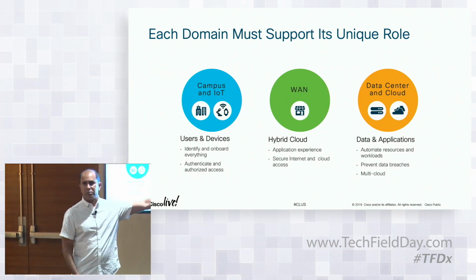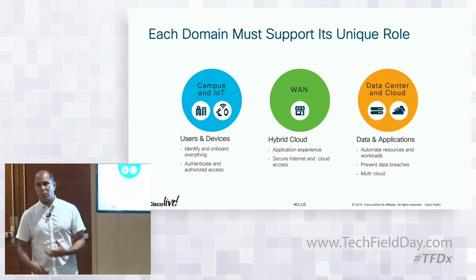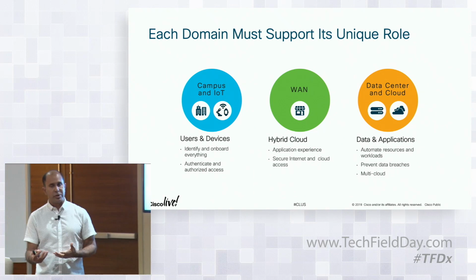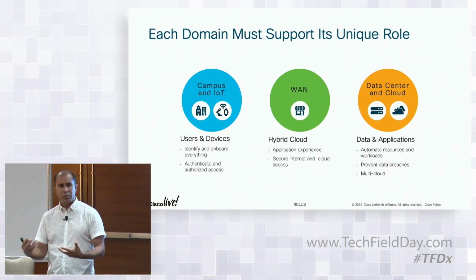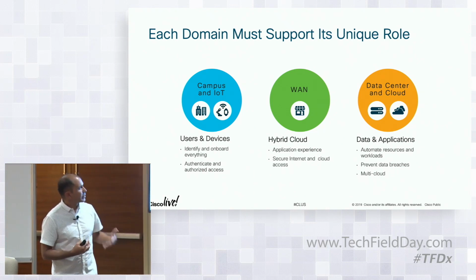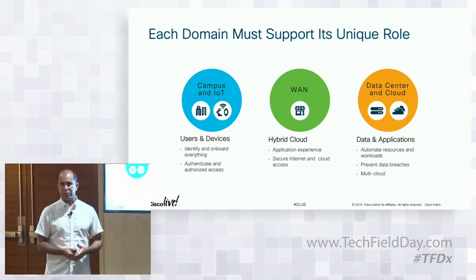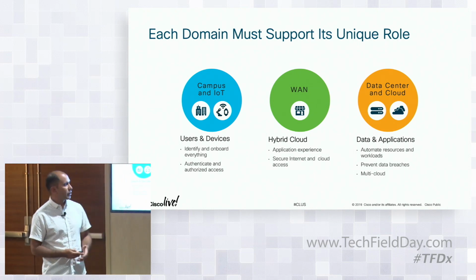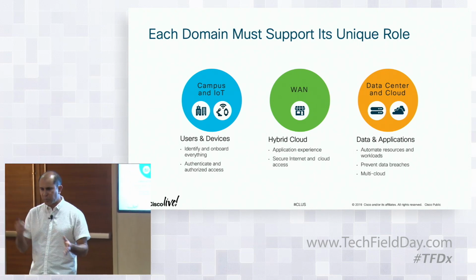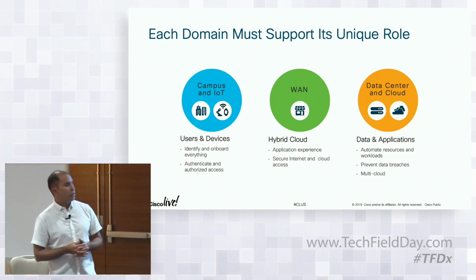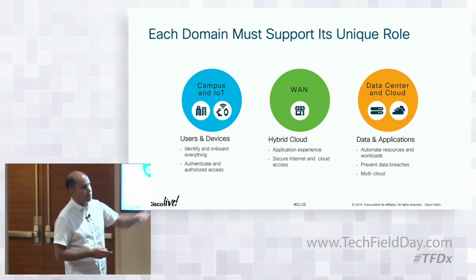This is a science in its own right. And in the WAN, we're doing things like optimizing traffic, choosing over different transports, trying to catalog applications based on performance metrics, etc., creating virtual topologies. So all of these things are very specific to each domain.